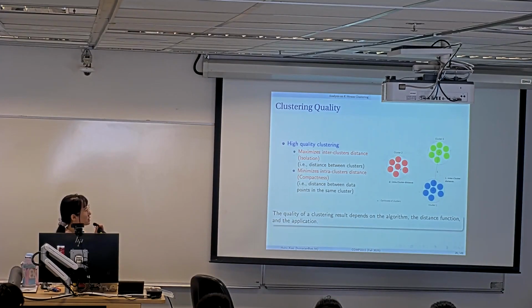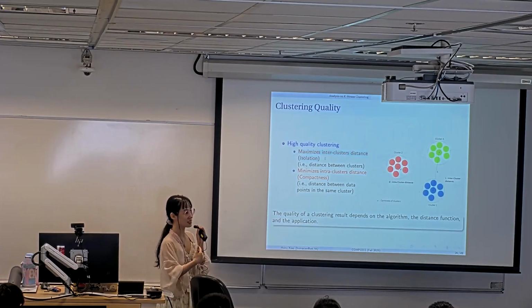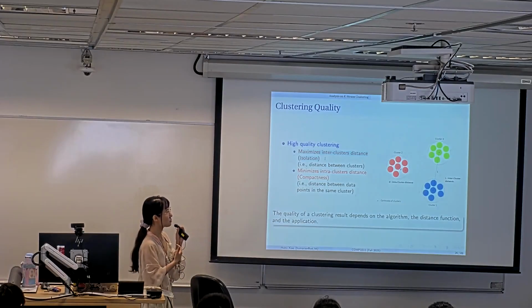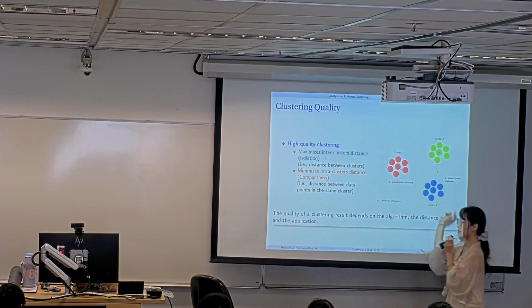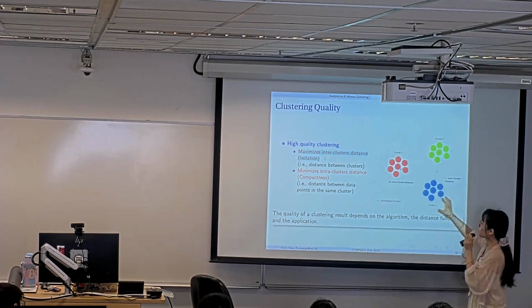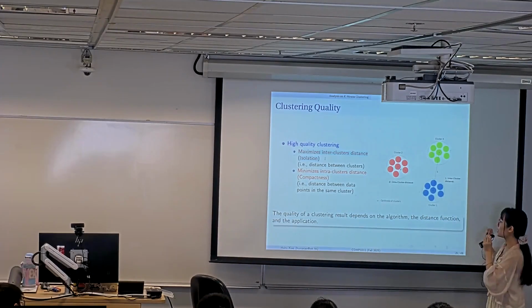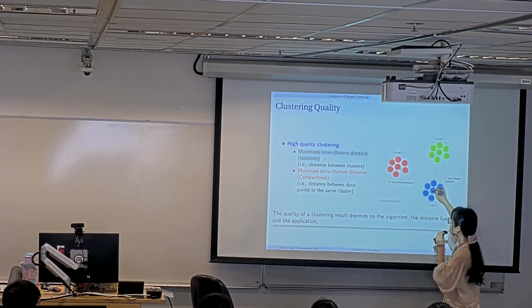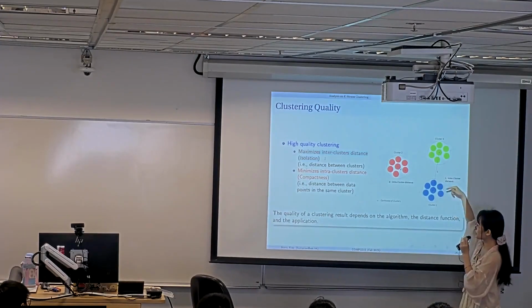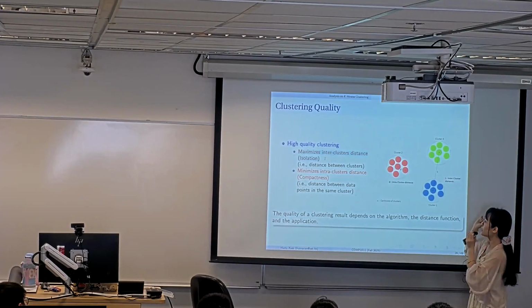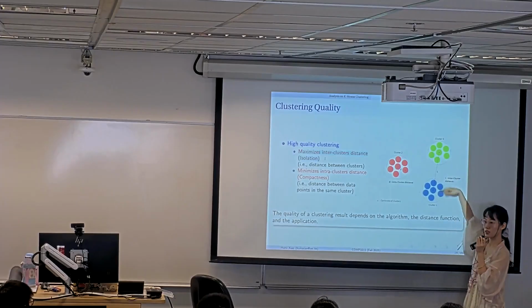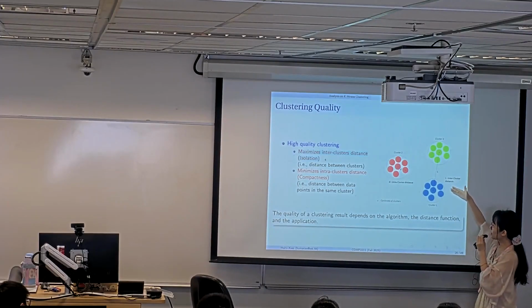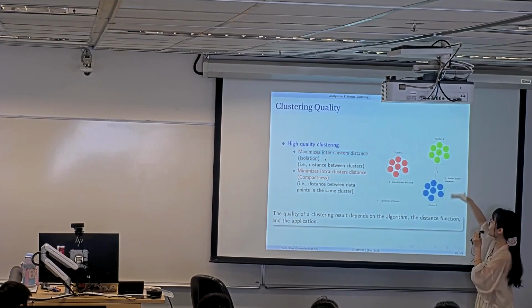The first is isolation. Isolation means we try to maximize the inter-cluster distance, that is the distance between clusters. If we look at this sketch, suppose we have 3 clusters here, and these black points represent the centroids of the clusters. Then the inter-cluster distance is this big L, the distance between cluster 1 and cluster 3.